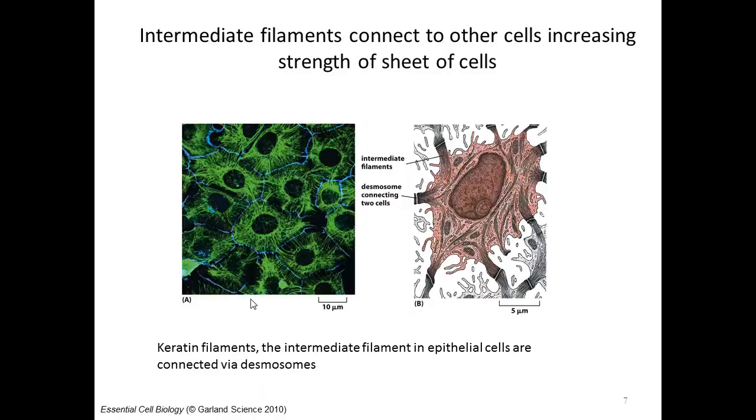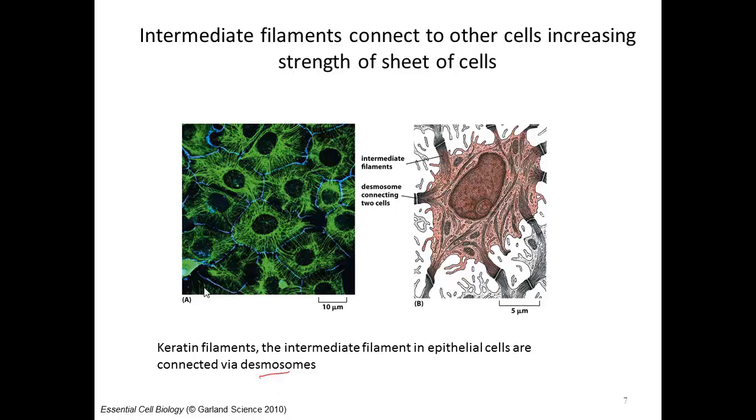This slide shows an immunofluorescence photograph of epithelial cells plated on a petri dish, and it emphasizes the fact that these intermediate filaments are not only giving structure to the cells, but also connections between the cells, allowing this sheet of cells to withstand mechanical stresses at places called desmosomes, which we'll talk more about in a later lecture.